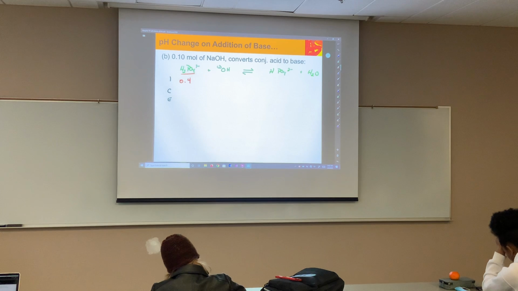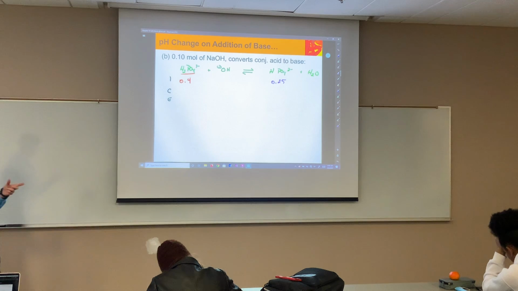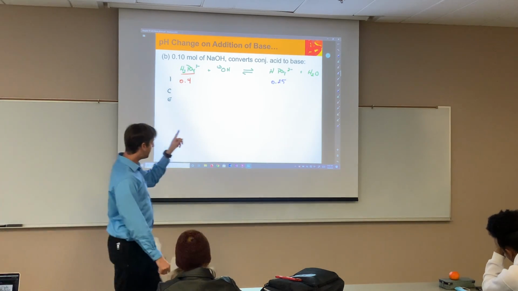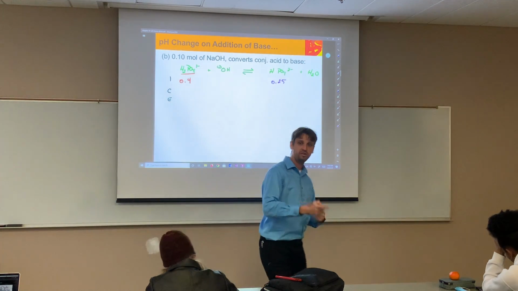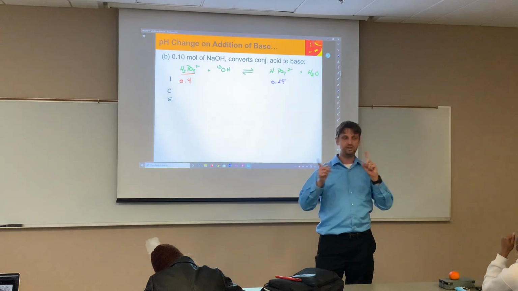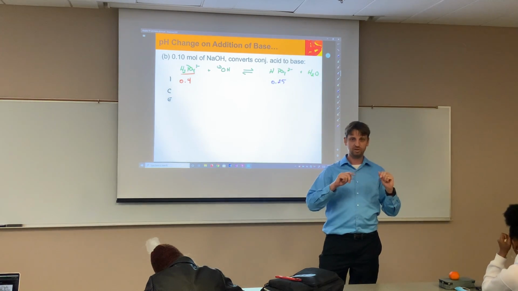All right, so I start off with 0.4 moles of my acid, and I have 0.25 moles of my base. Got it? Where am I getting that 0.25 from? We're in a buffer solution. I have some of my acid and I have some of my base. You guys with me on this?